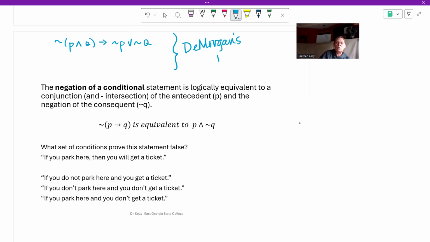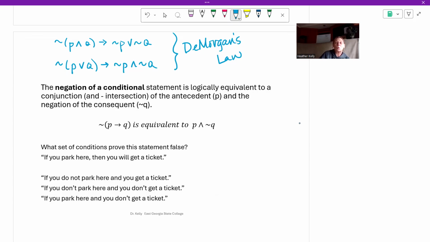Now, De Morgan's law was only for and/or. Remember, you just flip them over. Okay. That was only for and/or.